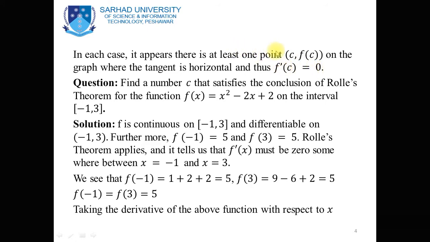So there exists at least one point, whose coordinates are c and f(c), on the graph where the tangent is horizontal, like you see over here.